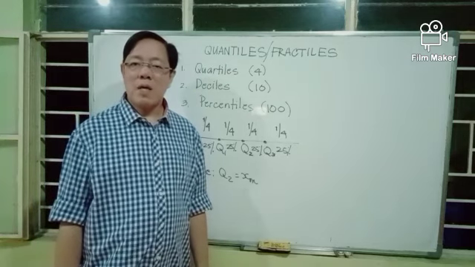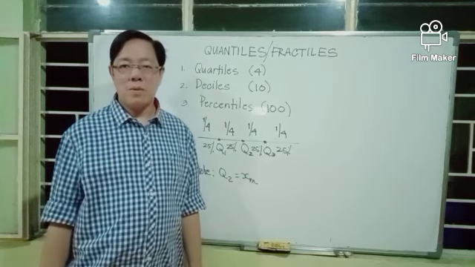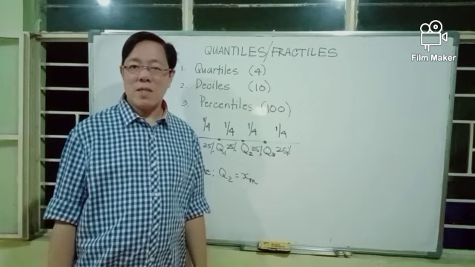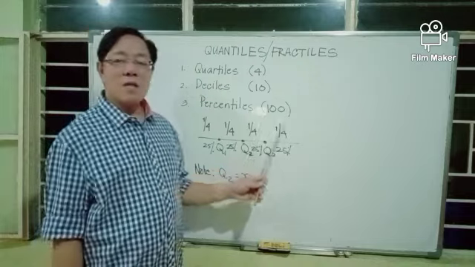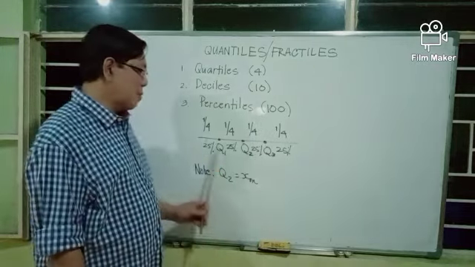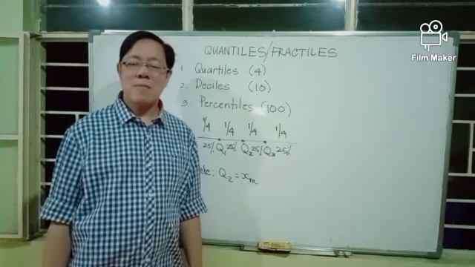So if you have 10 equal parts, each part will be 1/10 of one whole, or each part would be 10% of one whole. For the percentiles, you need 99 points to divide this one whole into 100 equal parts.